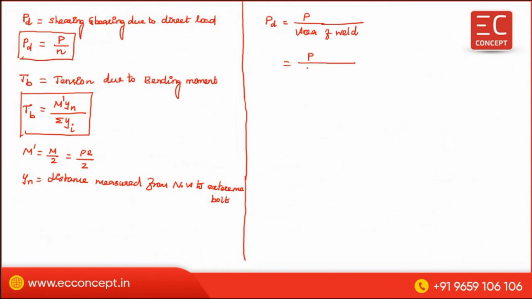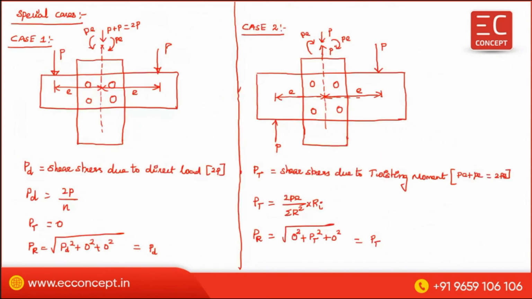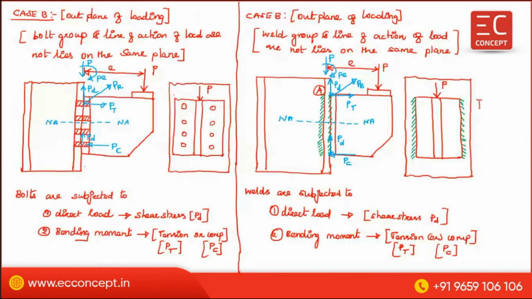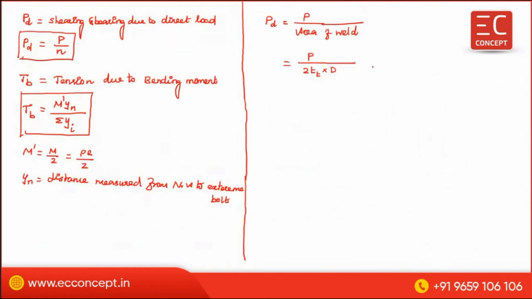Area of weld is equal to 2 times the throat thickness into depth. Here the depth is the height, or the depth of the section.